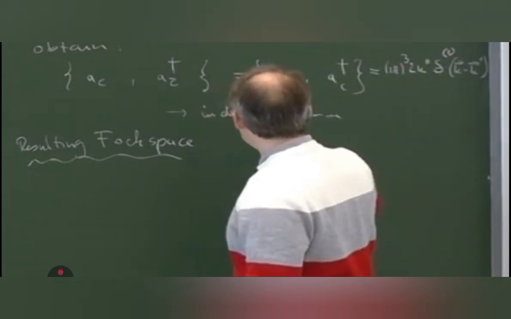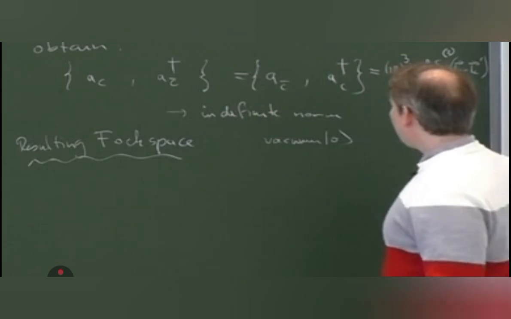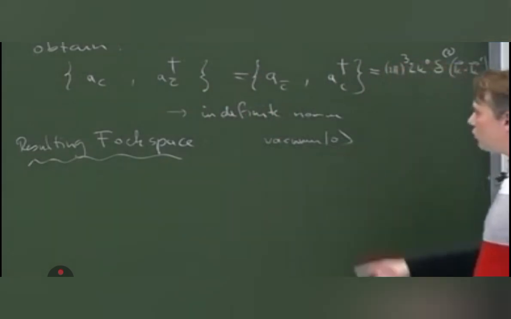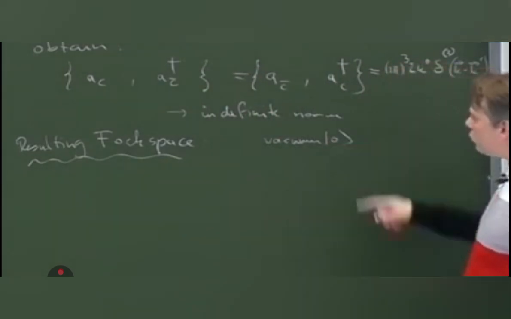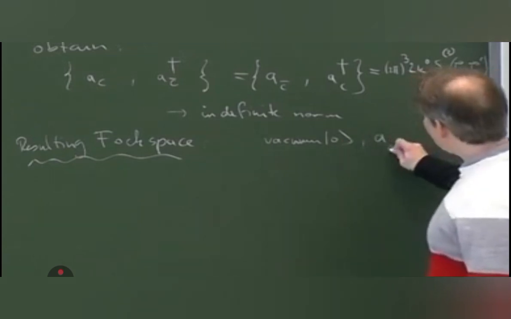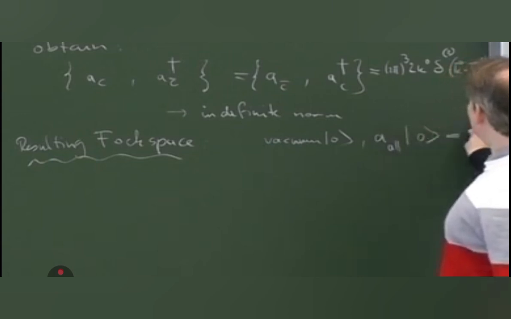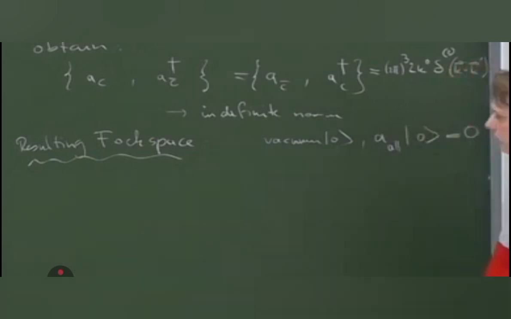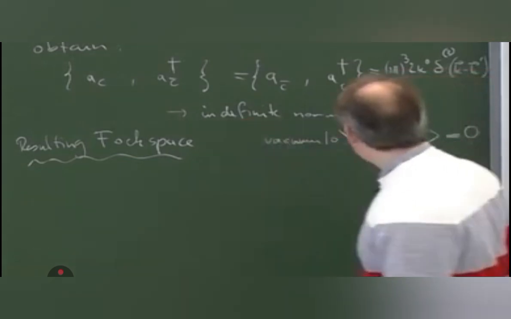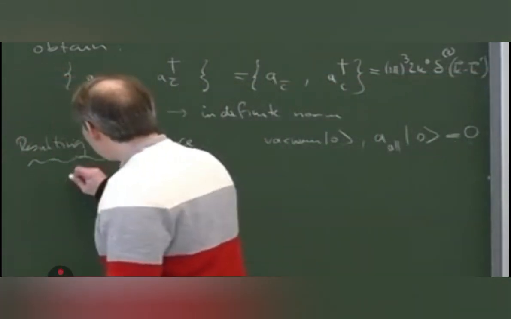So we start with a vacuum, which is denoted as usual for a free theory with zero state, which is defined by A with all possible indices gives 0.